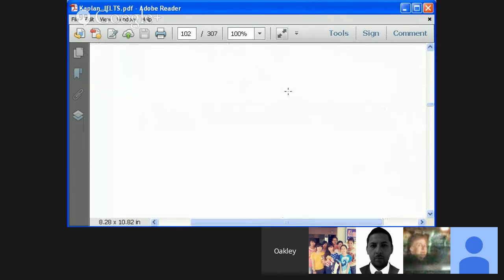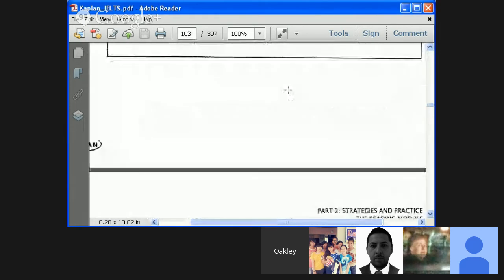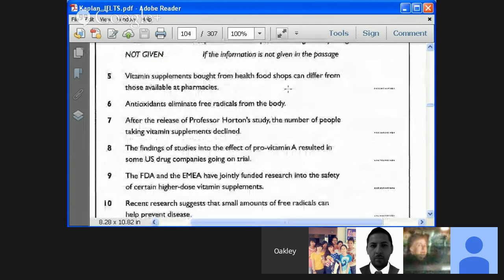So an actual lawsuit didn't happen. An experiment happened. The question says some U.S. drug companies go on trial. This phrase, this collocation, is for a courtroom legal trial. Completely different things. So my first answer was correct: false.